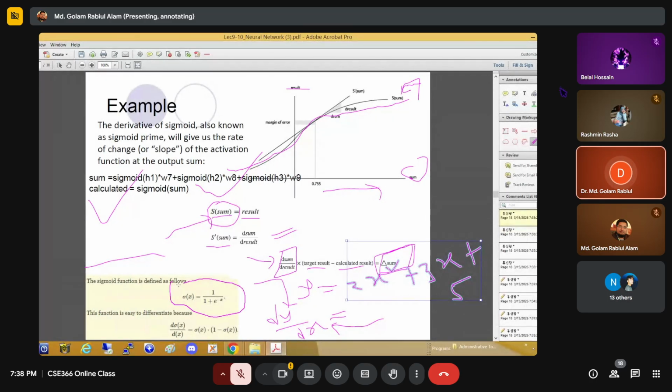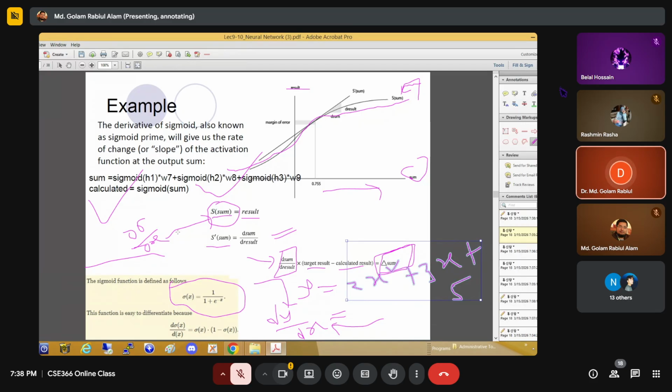So this is our sigmoid function. Then if we take the derivative of the sigmoid, that means d of our sigmoid based on delta x. So we want to find that out.